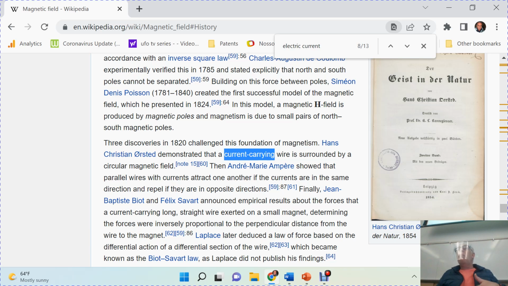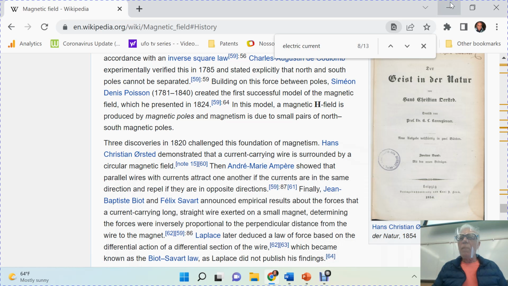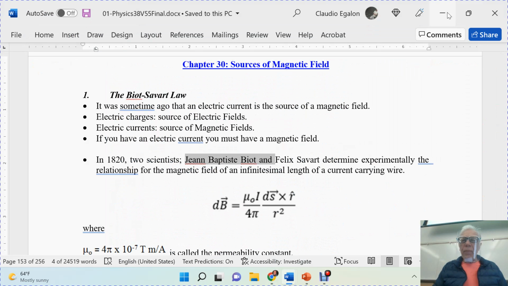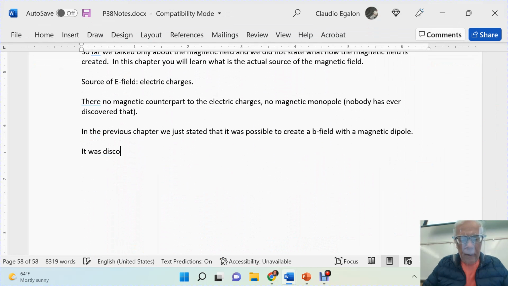If you have a monopole, the field associated with it is going to be radial. But if you have a dipole, the field circulates around the source. It was Hans Christian Ørsted, a Danish physicist, who discovered that.